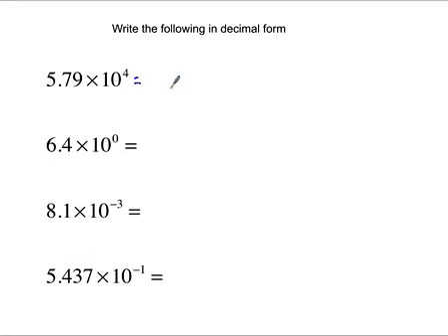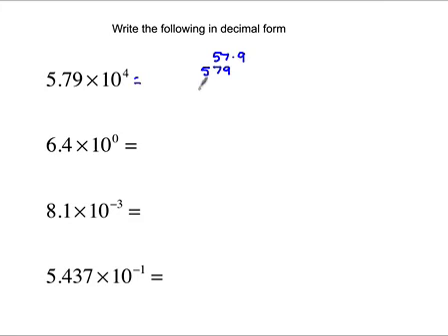Okay, so in this set of questions we've got the number in standard form and we just need to revert it to decimal form. Now the easiest way to do this is to think about the process of moving them along by each power of 10. So if the question said times 10 to the power of 1, then it would become 57.9. If it said times 10 to the power of 2, it would become 579.